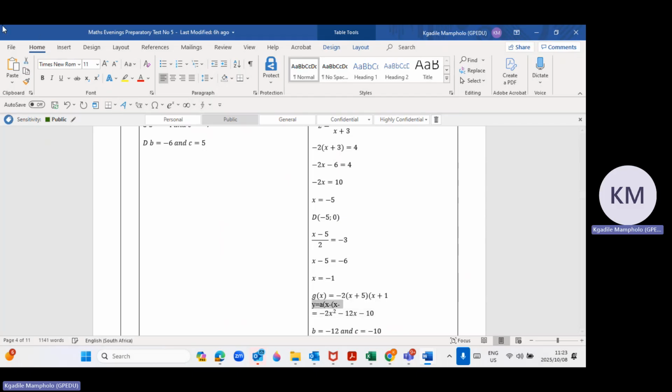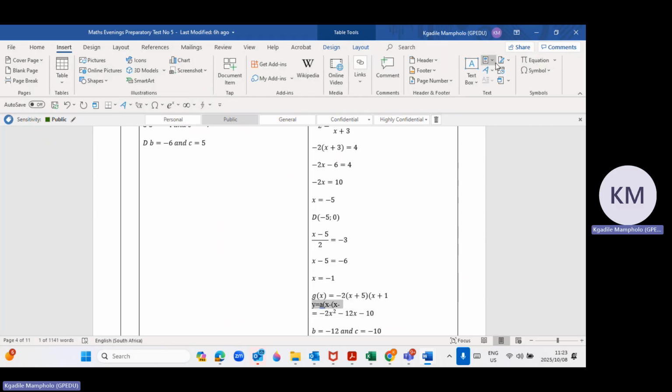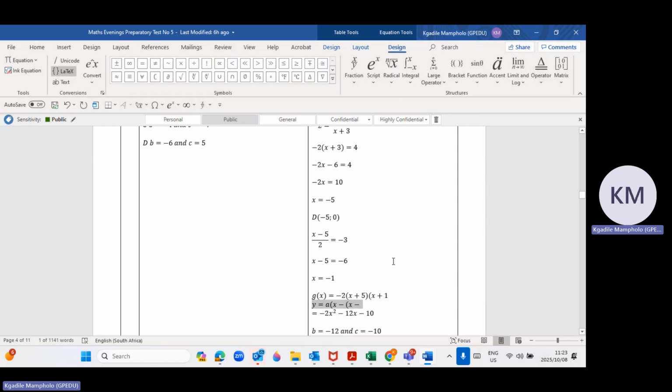You know that this is the equation. Let me just type it quickly.